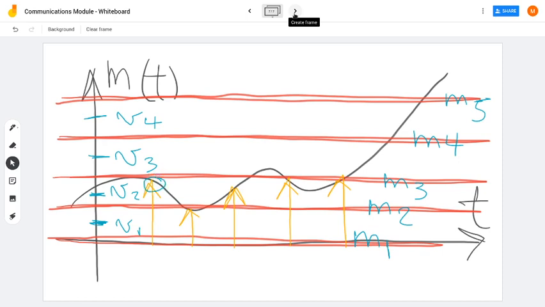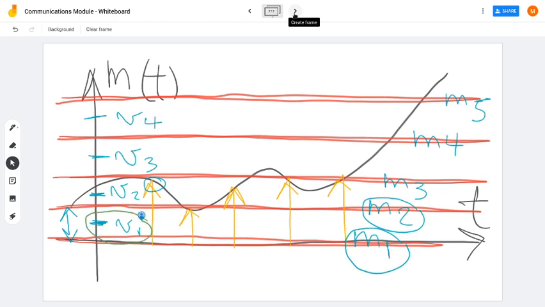In other words, it should not be allowed to take any value. It should only be allowed to take certain values. So let's say we will allow the values here, the red levels over here. Only these red values are allowed. So let's see how it goes. So we say that if the message M of t is lying in the range between M1 and M2, all the amplitudes in this range will be represented by one value. We will call it V1.